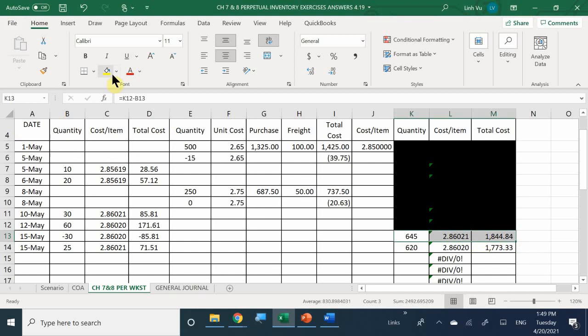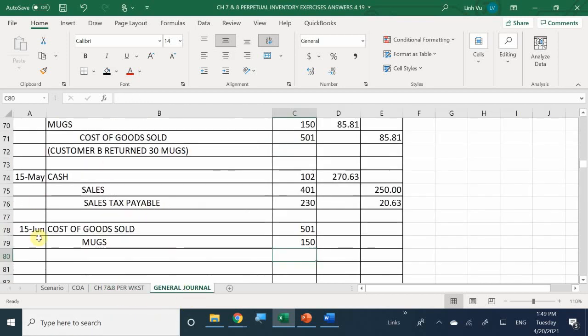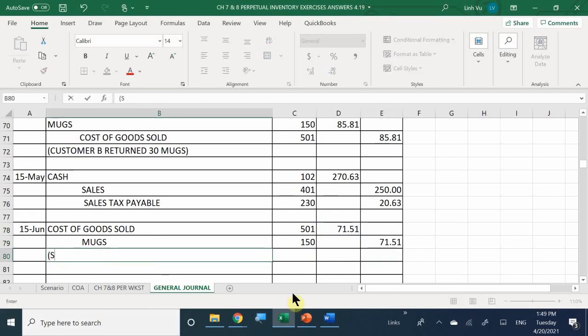So here I'm going to block that off so I don't get confused. The number that we were calculating was our cost of goods sold. For selling 25 cups, it cost me $71.51. So now I'm going to place that in my journal because that's exactly how much I calculated. My cost of goods sold was $71.51, and I'm also going to indicate here that I sold 25 mugs.